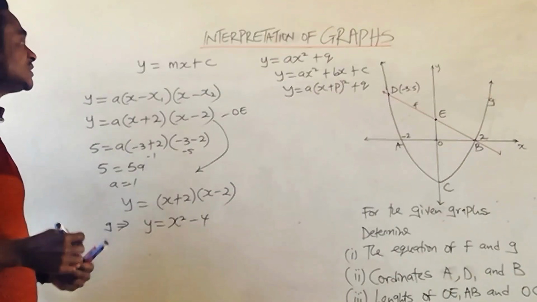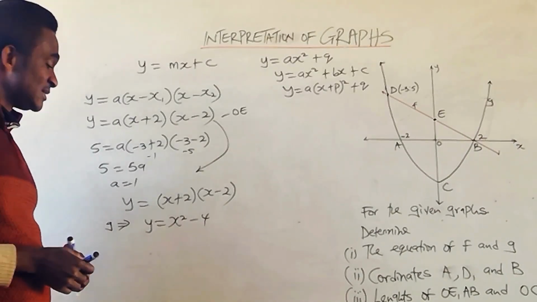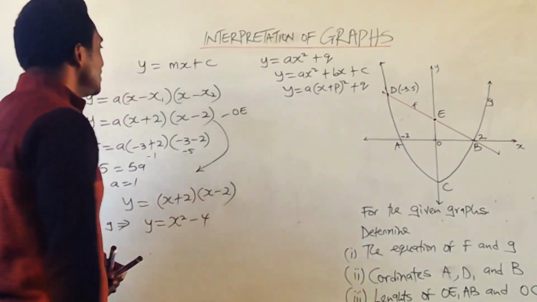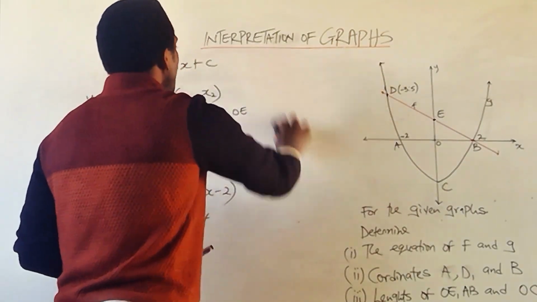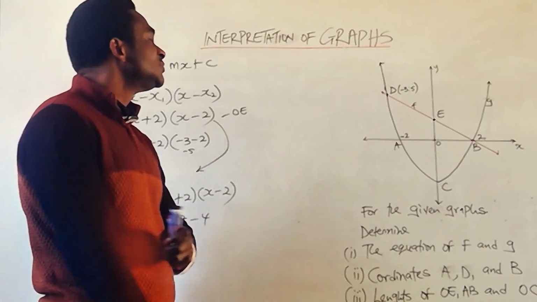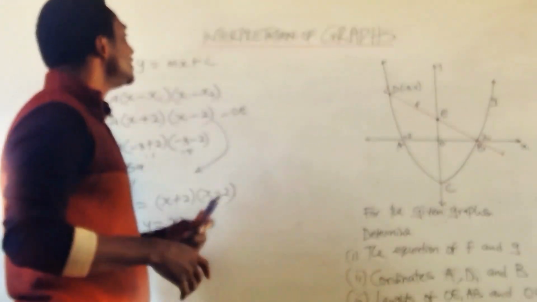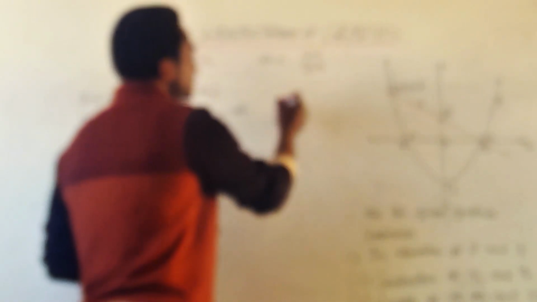Now let's look towards getting the equation of the linear function. For the linear function, we use our c as the y-intercept. But in this case, the y-intercept was not given. So let's first of all get our gradient. Gradient is determined using change in y over change in x.